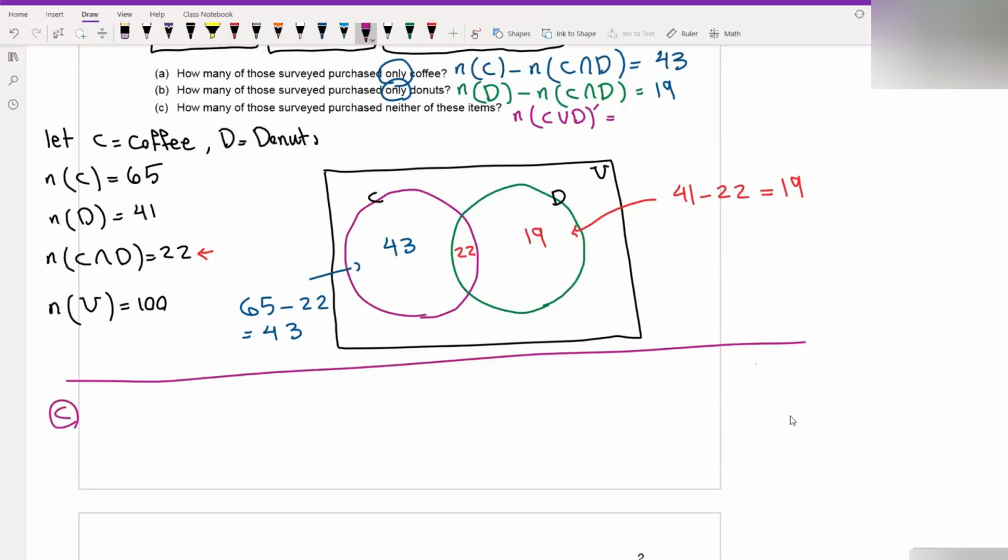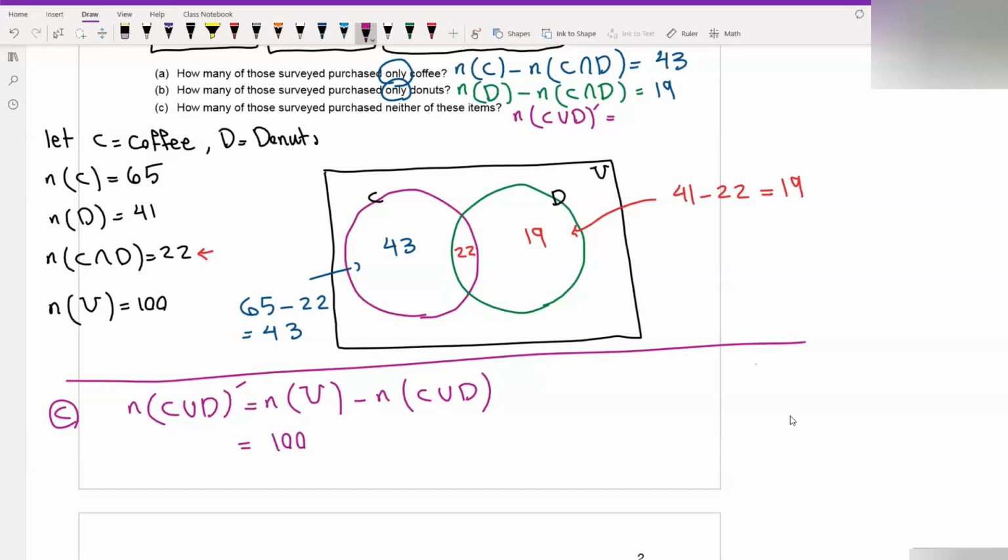So this is for part C. And this one is equal to the number of elements in the universal set minus the number of elements in C union D. So that is equal to 100.